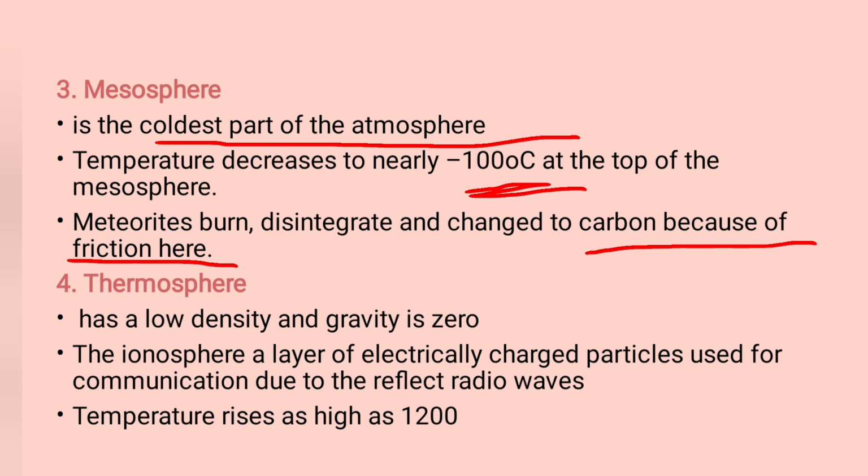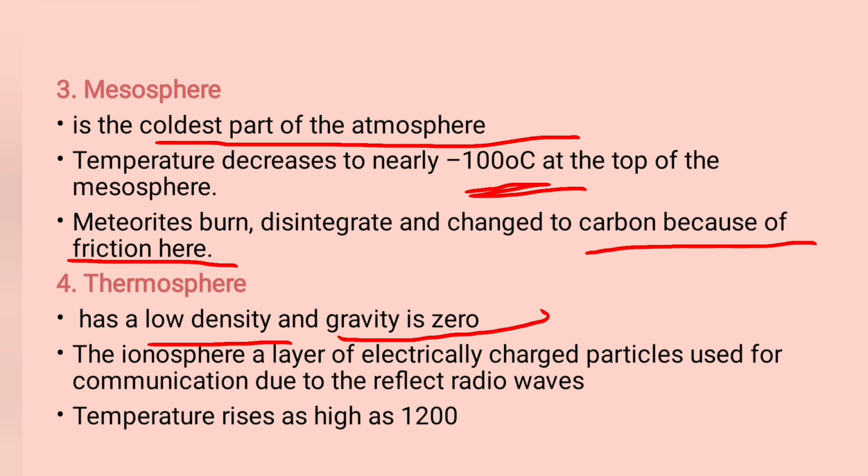Okay, the fourth and the last layer of the atmosphere is known as the thermosphere. The thermosphere has a low density and gravity is also zero. The ionosphere is a layer of electrically charged particles used for communication due to the reflected radio waves, commonly found in the thermosphere.